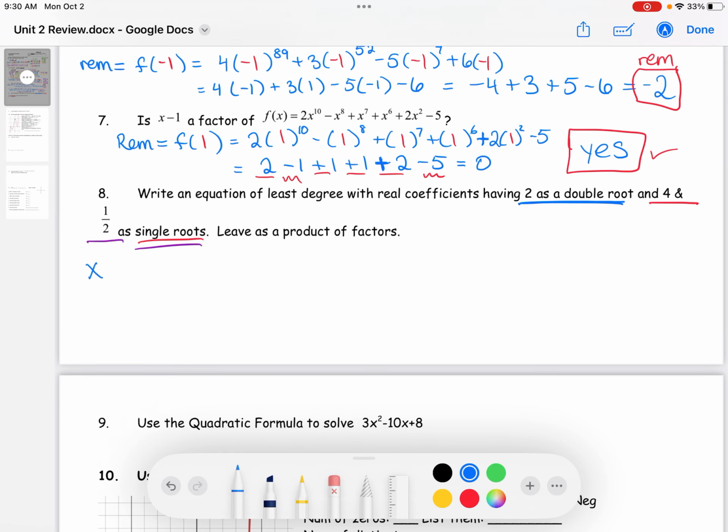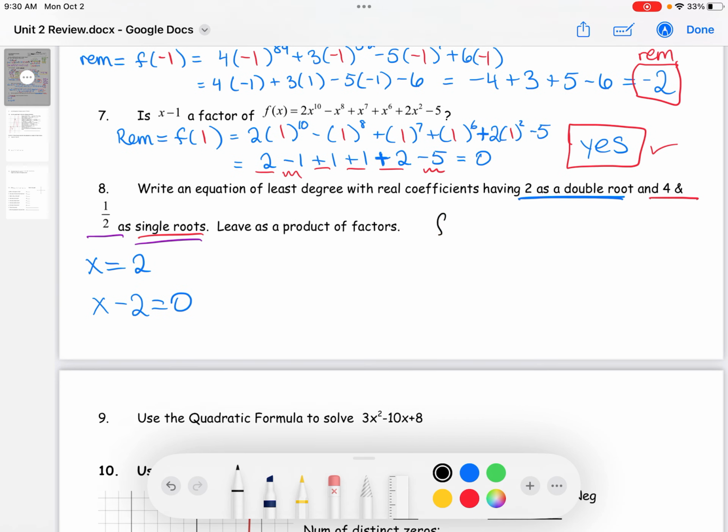So, if x equals 2 is a solution, make that an equation set equal to 0. x minus 2 equals 0 was a factor. And for it to be a double root, it will need to be squared.